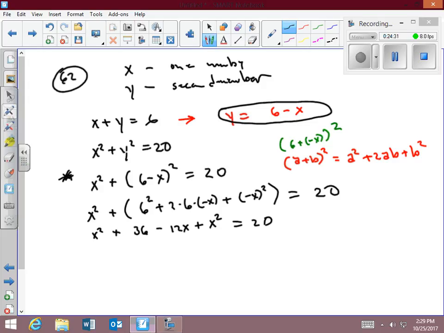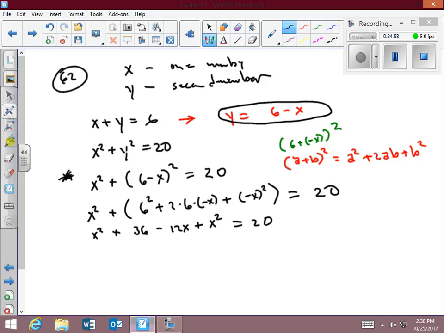Now what are we going to have to do? Combine like terms, get 0 by itself, write it in descending order, leading term positive. Can I do all that at once? I'm going to bring that 20 over as a negative, right? So the first term is going to be what?